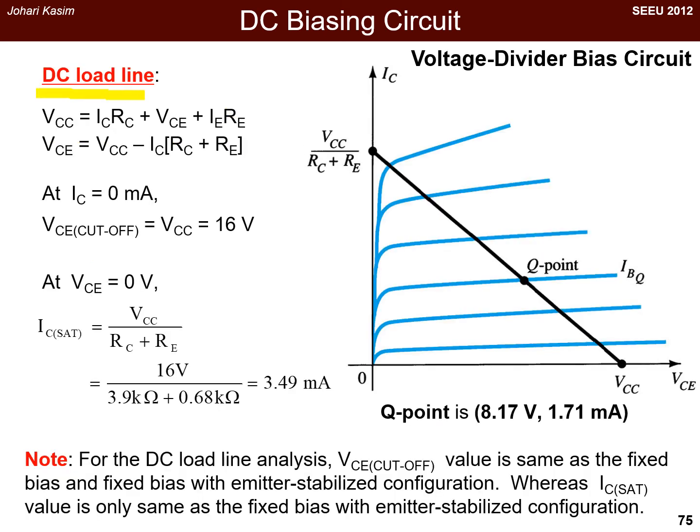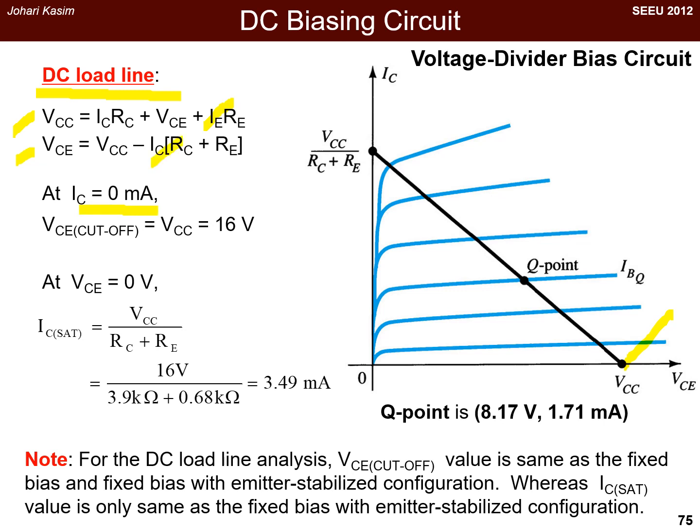The DC load line is determined using the CE loop, where you can find that VCC equal to IC RC plus VCE plus IE RE. Then you can get VCE equal to VCC minus IC (RC plus RE), where IE is equal to IC. At cut-off region, IC is equal to 0 milliampere.